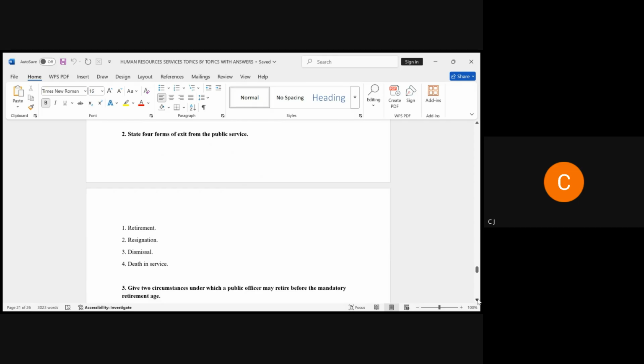Give 2 circumstances under which a public officer may retire before the mandatory age. 2 circumstances itakufanya retire before ufike 60 years. Illness, due to sickness.